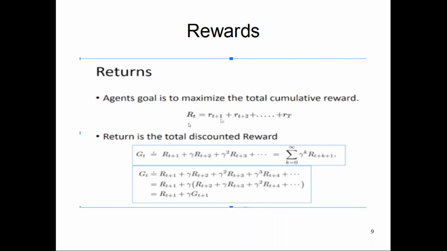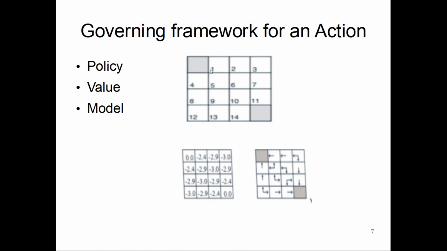So these rewards, now if you observe, R(t+1), R(t+2), and so on. That means in this state, if you're going from state 1 to state 14, as you move step by step into different states, you get some reward: R1, R2, R3.